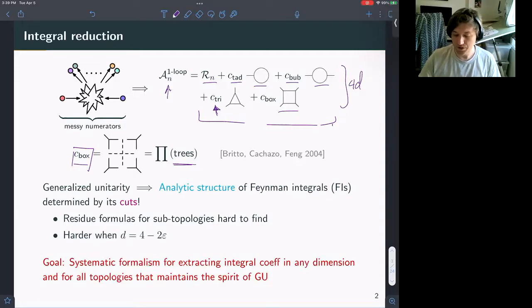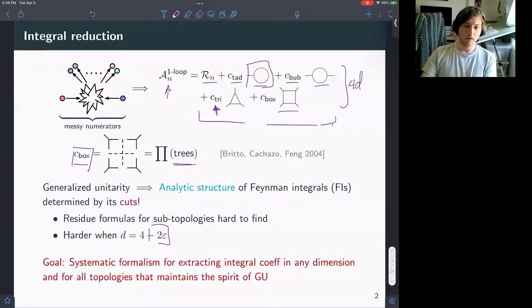lower topologies, such as finding a residue formula for this tadpole, it's actually quite challenging. There are many subtractions you have to do because the topologies talk to each other. They can all have the same cuts. They share cuts. And it's also much harder when we're not in exactly d equals 4 dimensions, when we're in generic dimensions and we have 4 minus 2 epsilon, where this epsilon is some generic but small parameter.